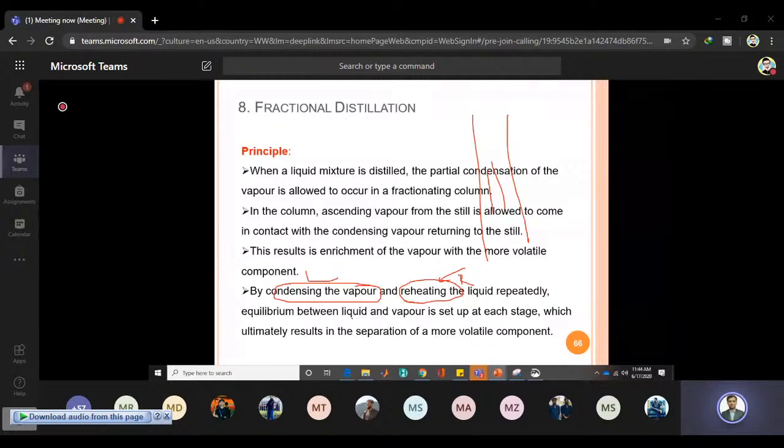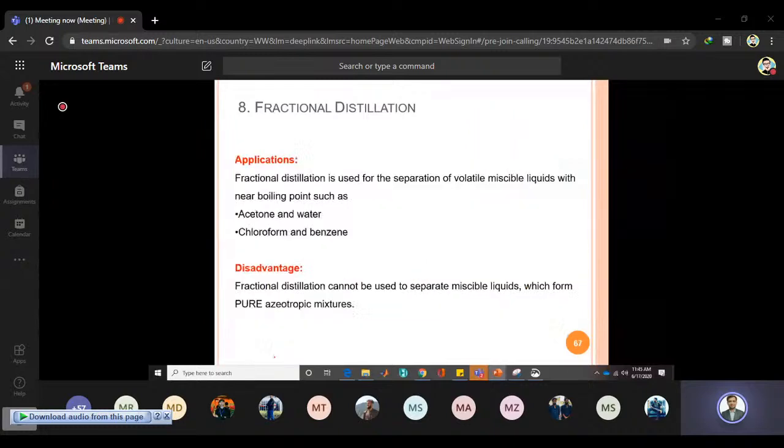Equilibrium between liquid and vapor is set up at each stage, or you can say at each plate. That's again the same thing that we discussed previously. Ultimately it results in the separation of the more volatile component. So this is how it is going to help. Application: fractional distillation is used for the separation of volatile miscible liquids with near boiling points, such as acetone in water, chloroform in benzene.